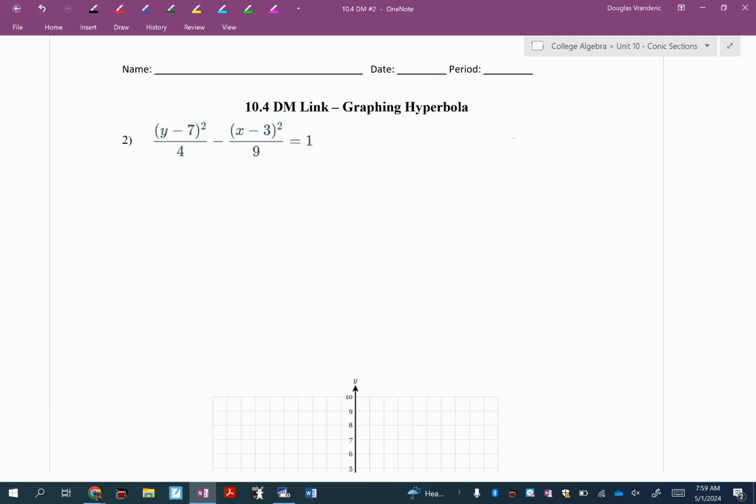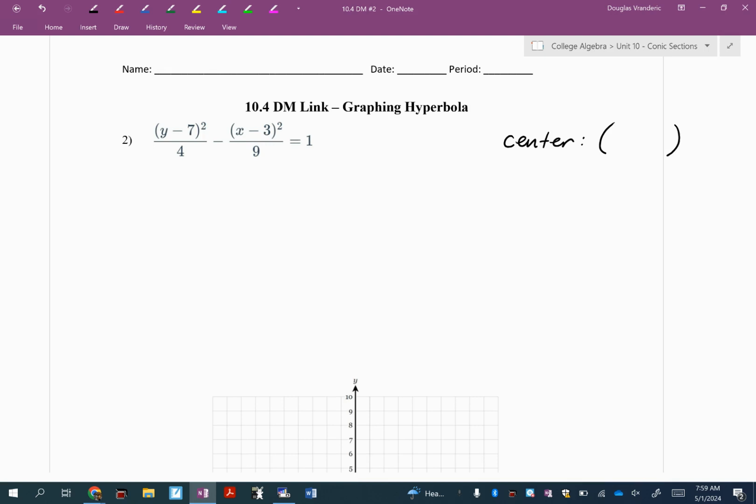Okay, let's do the center. Let's go Jasmine. Jasmine, what is the center in number 2? Say it one more time. 4? No, it's going to be an ordered pair for the center. Okay. 7 and... excellent.